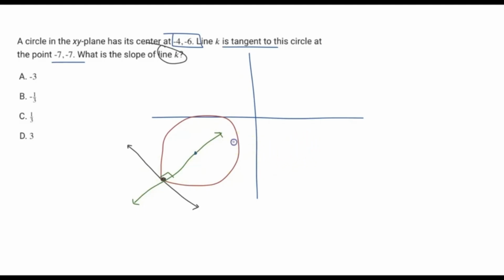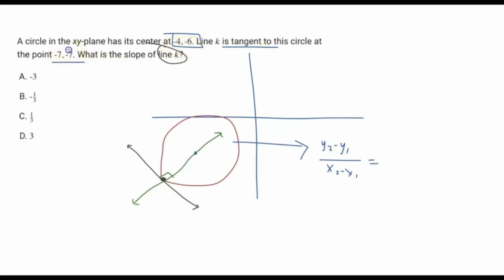So the slope of the green line, let's draw over here, is going to be based on these 2 coordinate points. So the equation is going to be y2 minus y1 over x2 minus x1. Here, let's just look for the change in y. We're going from -7, -7 to -4, -6.